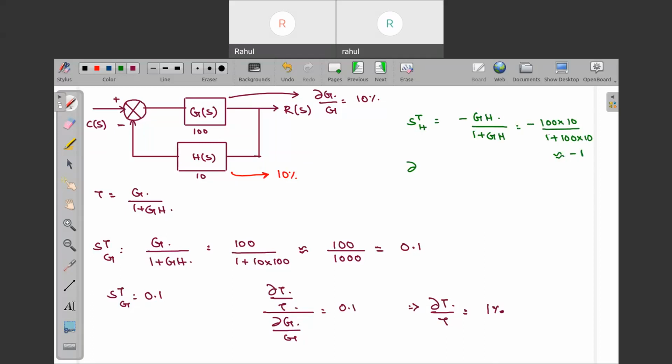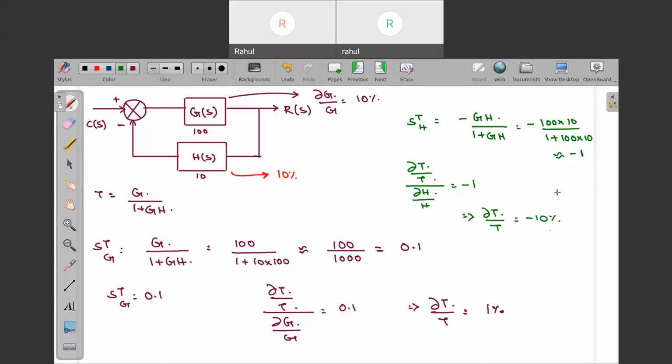So S_T^H means del T by T divided by del H by H. So that comes out to be minus 1, which implies this value is 10%. So del T by T comes out to be minus 10%. So that means if we disturb the feedback path by 10%, your overall transfer function also gets disturbed by a factor of 10% in magnitude. So over here we are getting minus 10%.